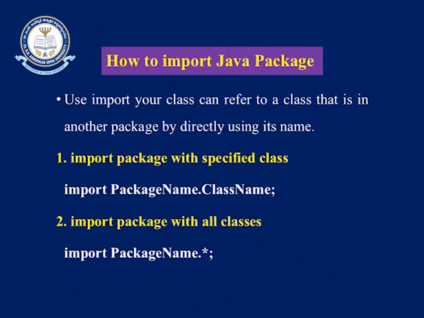For example, I have the P1 package and 10 classes, C1, C2, C3 and so on up to C10. Now I want to import only the C1 class. In such cases, the code you must write is: import space P1 dot C1, and that must end with a semicolon. So this is the syntax used to import only a particular class from the package.